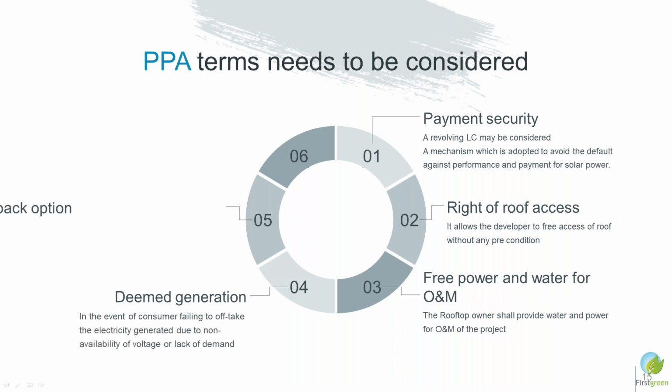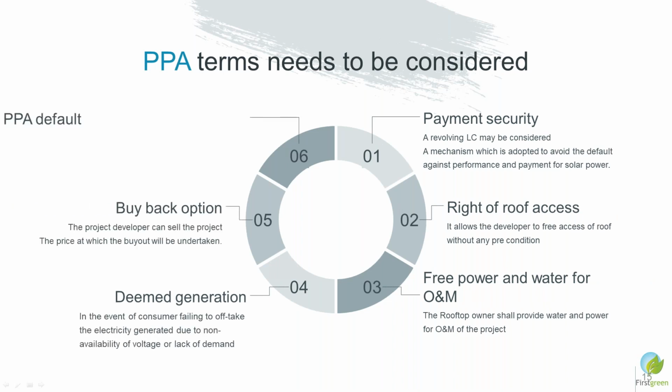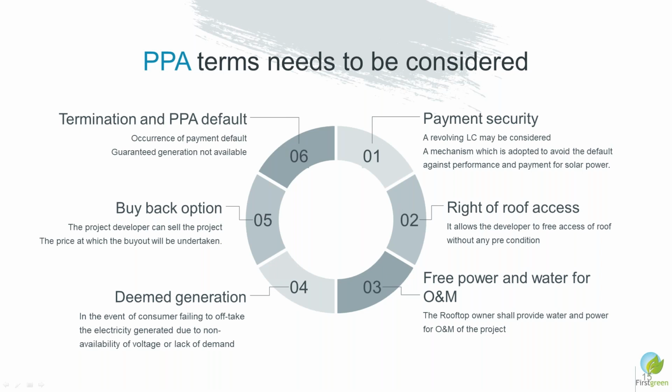Now, when we talk about the commercial and industrial sector, inherently we are talking about the commercial and industrial sector PPAs, because EPC is a normal business, and the PPA is the crux of this whole business idea, because it's a win-win situation for the off-taker as well as for the developer.